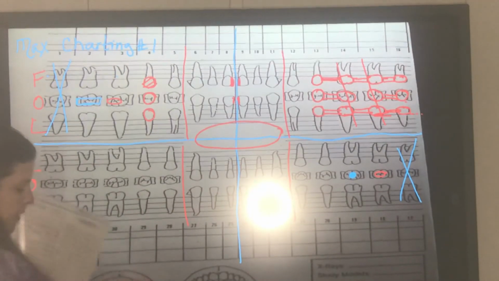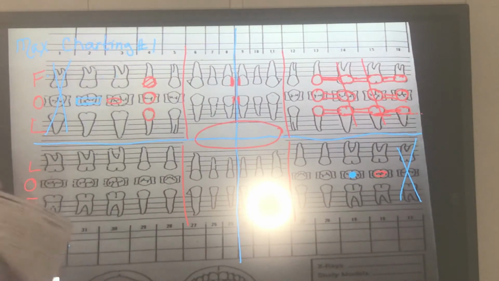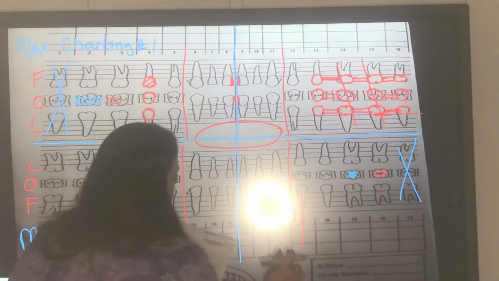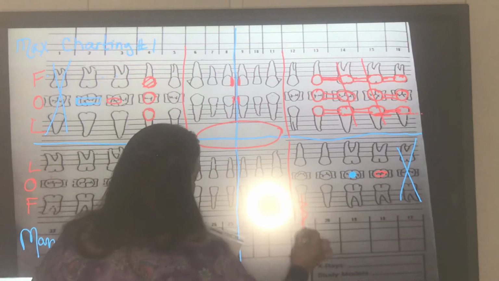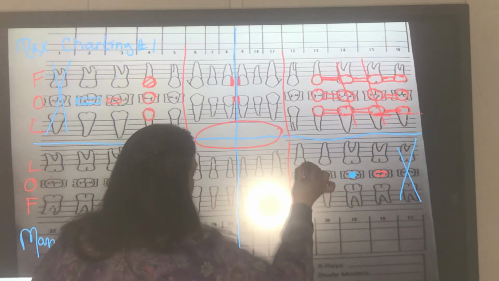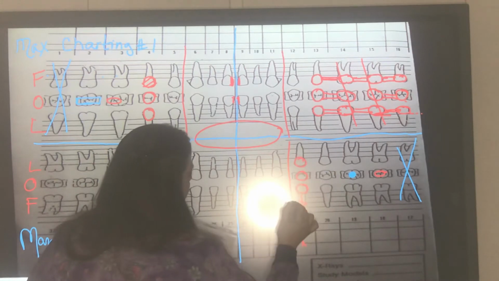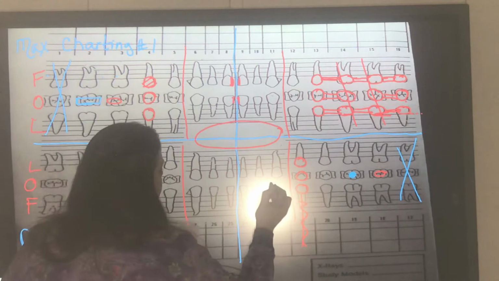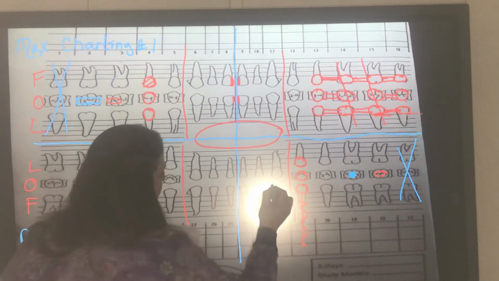By the way, you should be using your red and blue pencil and switching back and forth. 21, this tooth. Oops, ignore that. It needs a porcelain crown. Number 22 is cracked.